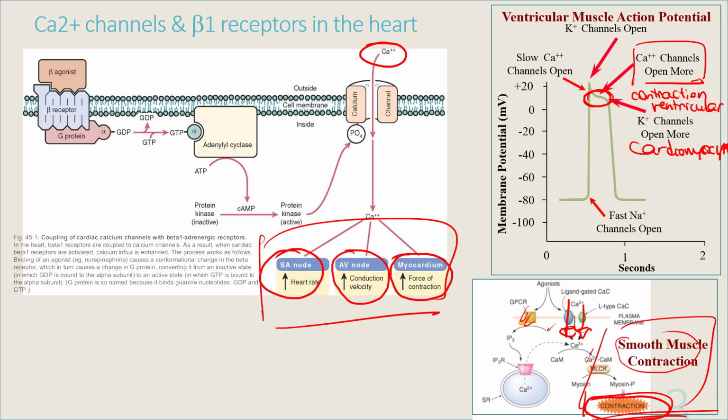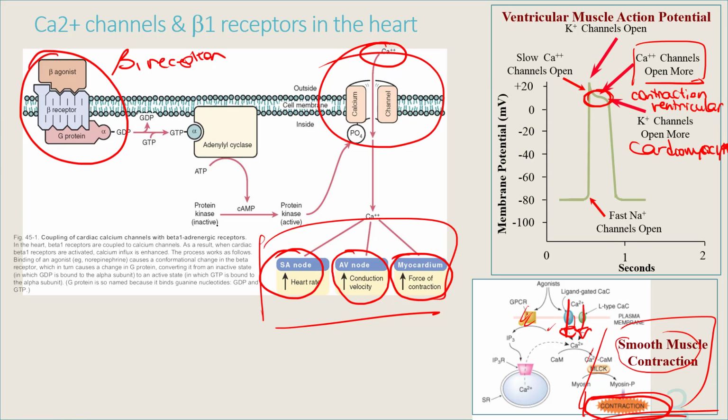Now, the diagram on the left, I basically also included because it shows you that beta receptors in the heart, the beta 1 receptors, are linked to calcium channels in the heart. So if you block beta receptors, right?